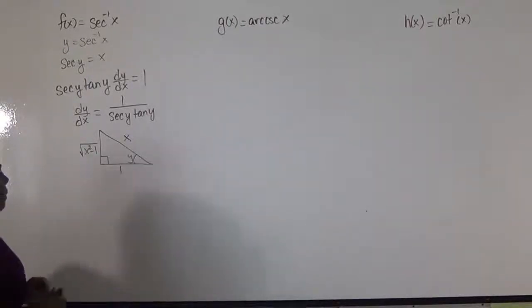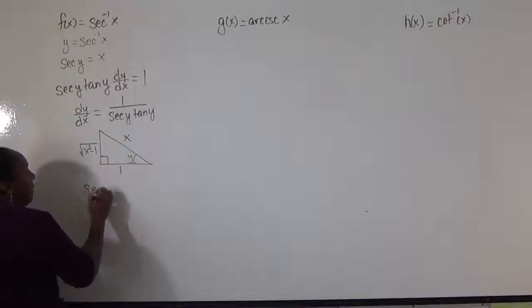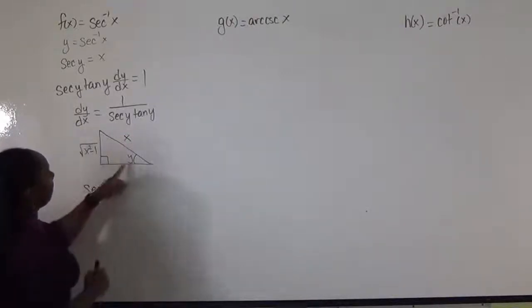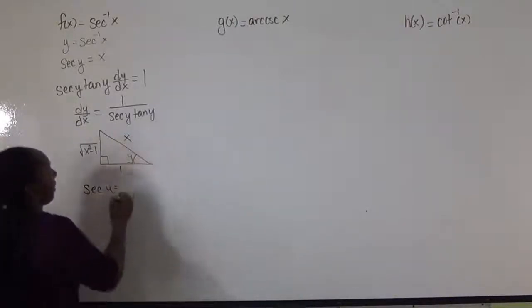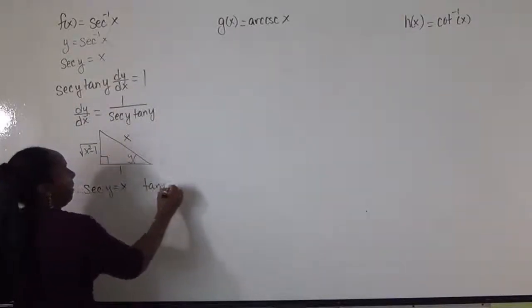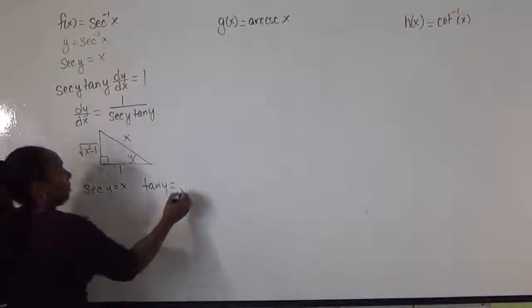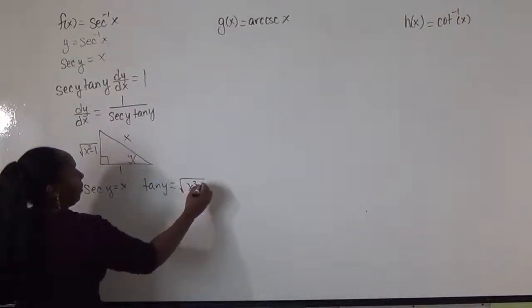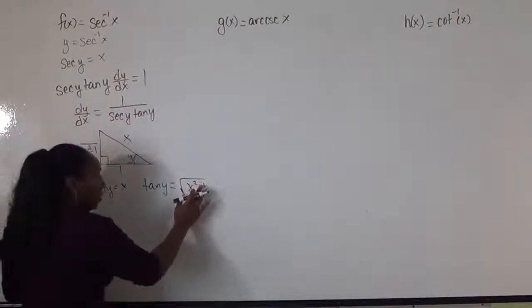Looking at our triangle, secant of y, again, is just going to be x. That's how we defined it. And tangent of y, we can see is opposite over adjacent, so square root of x squared plus 1. Sorry, minus 1.